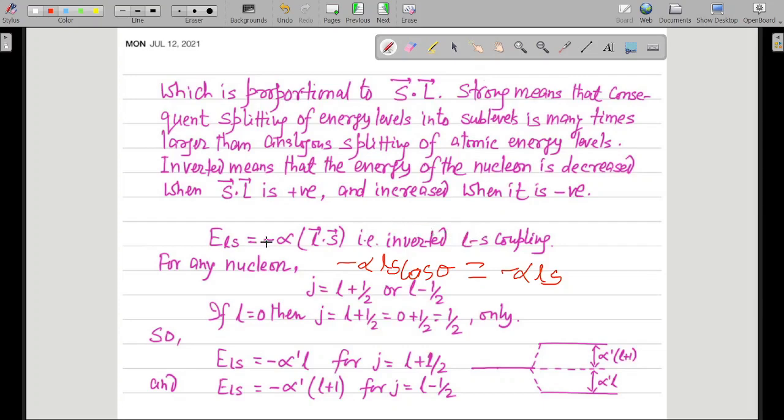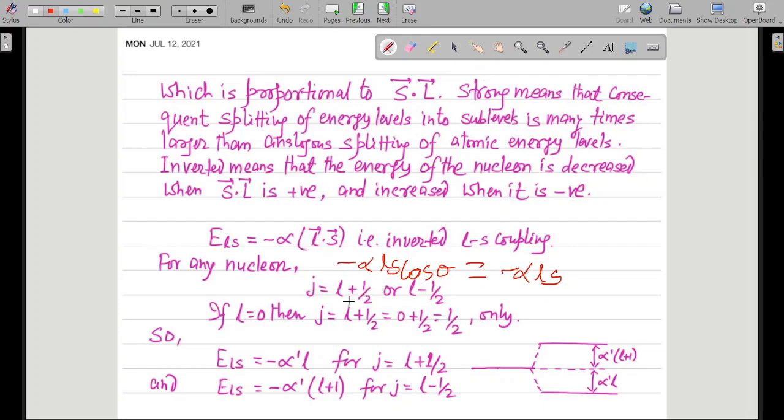Now for any nucleon, J equal to L plus half or L minus half. I have already told you, whenever the splitting takes place, the lower energy level has J equal to L plus half, and the higher energy level has J equal to L minus half.